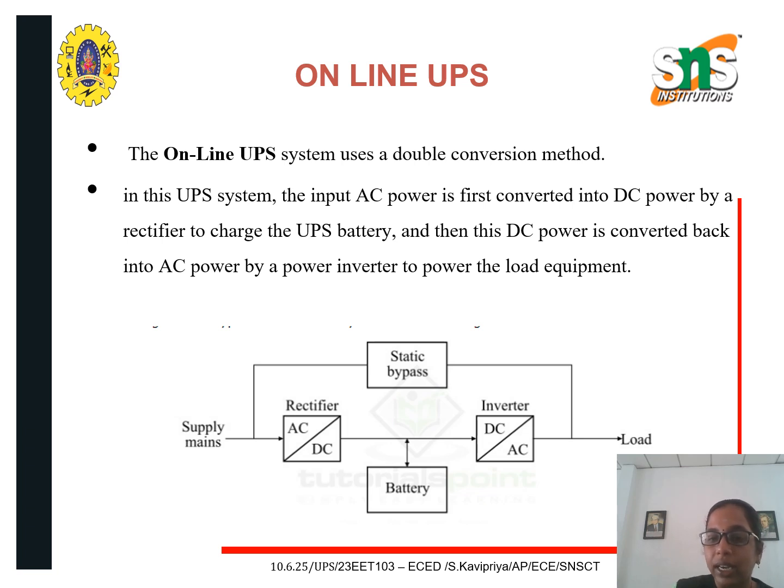Whenever there is an interruption in the main power, the rectifier becomes inactive. The DC available in the battery will be converted to AC and supplied to the load. If there is any issue in the UPS part, then the static bypass becomes active, so that the main power is supplied directly to the load.